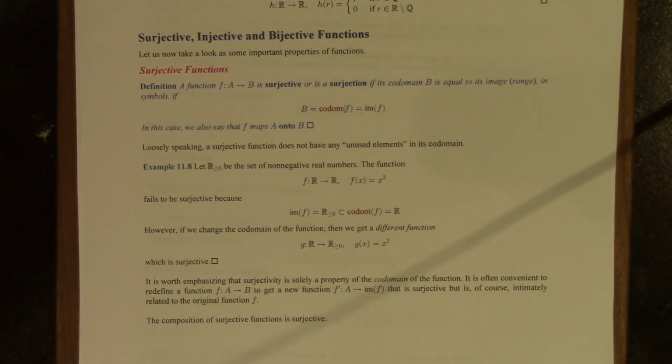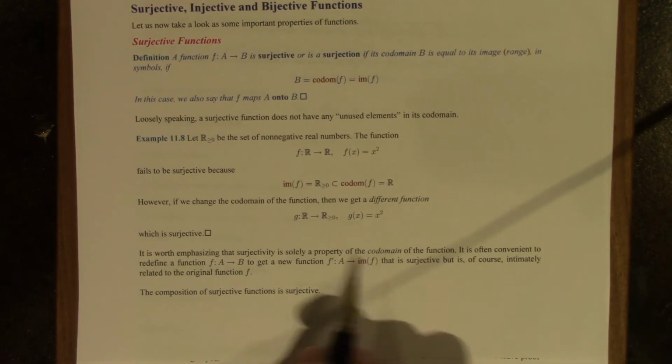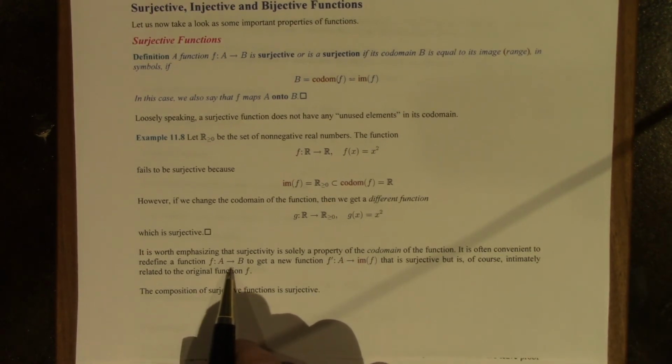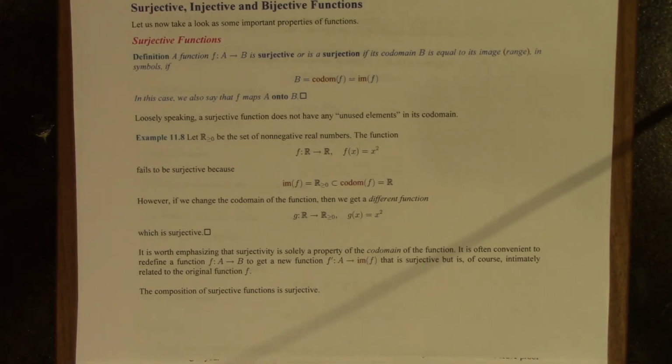And it's often convenient to redefine a function when necessary. To get a new function, we redefine it by reducing the codomain to the image, and that makes the function surjective. And of course, it's very similar to the original function. We've just thrown away elements in the codomain that weren't used in the first place, but still, by definition, it is a different function.